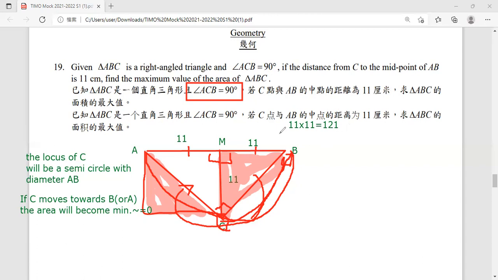Any questions? Yes, it's a 9. It becomes a 9 if you drag C towards A or B. If you cannot imagine, it will become something like this one.